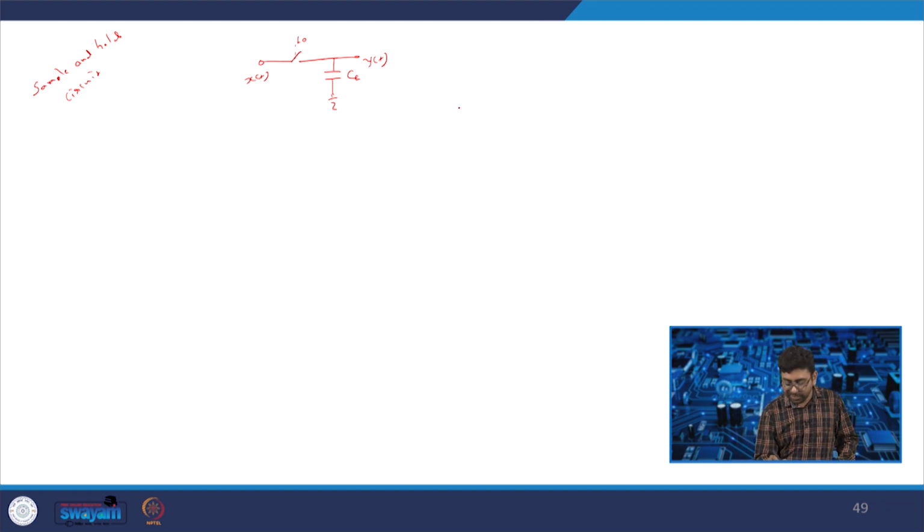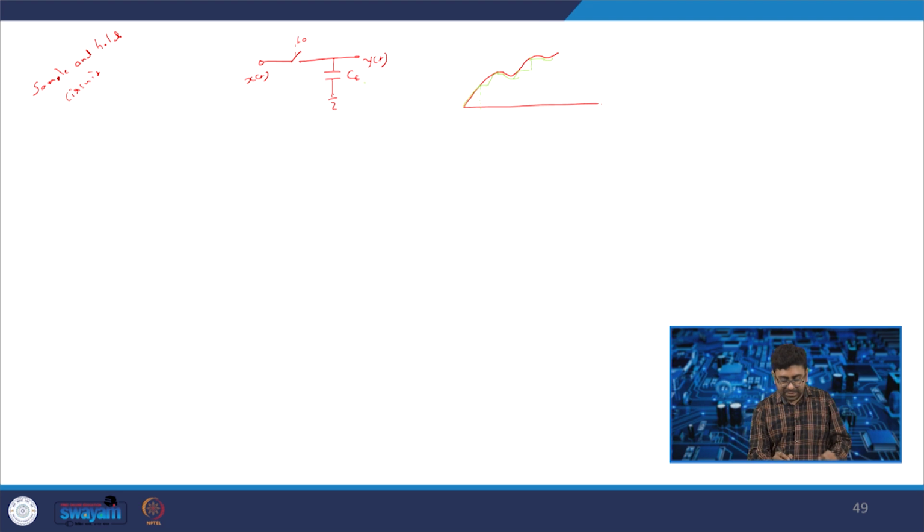So let us say you have XT which is denoted something like this, and if YT is represented by this color, then initially when the switch is on, it will follow the input and then it will hold, again it will follow the input, it will hold, again it will follow the input, then at this point it will hold, again it will follow the input and then it will hold.